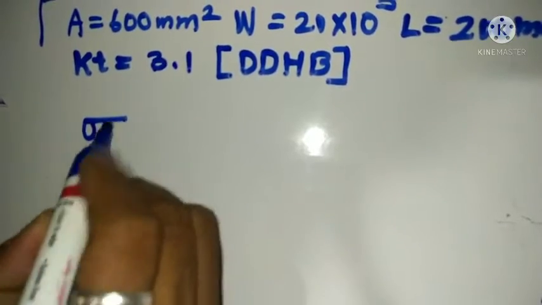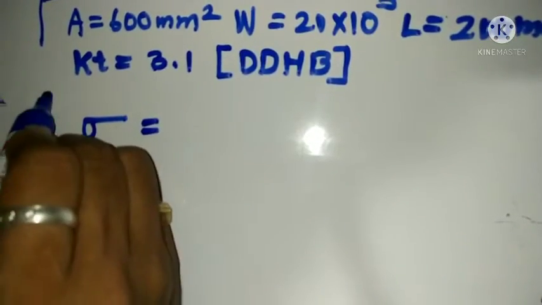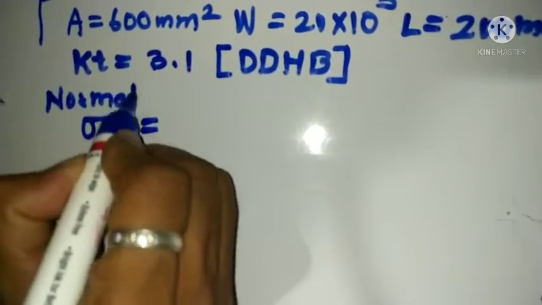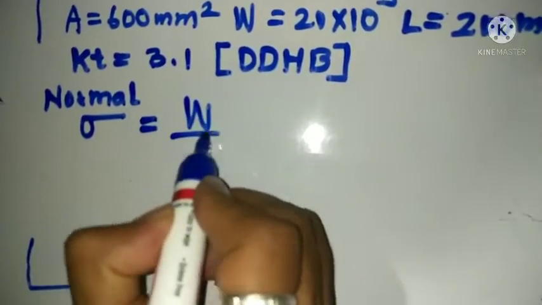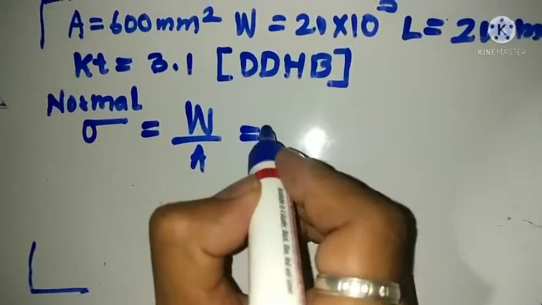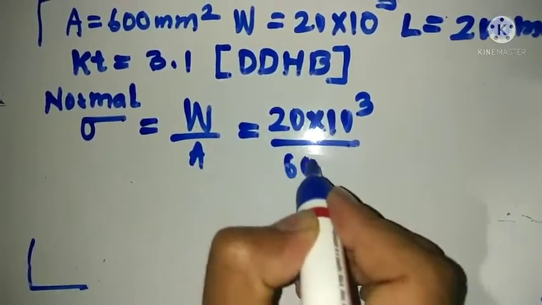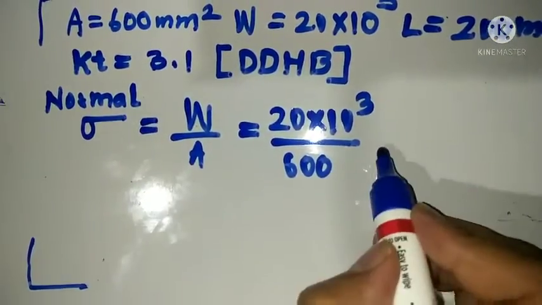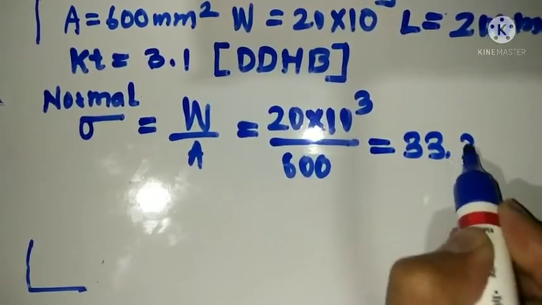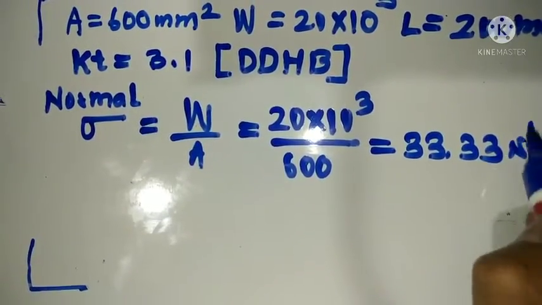Find out normal stress, which is given by load upon area. So the applied load is 20 kilonewton divided by area 600 mm square. So we will get 33.33 newton per mm square as a stress.